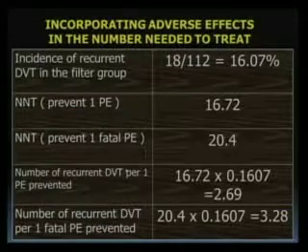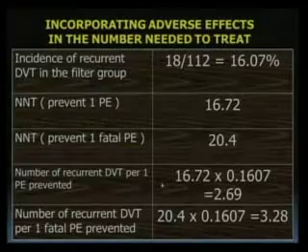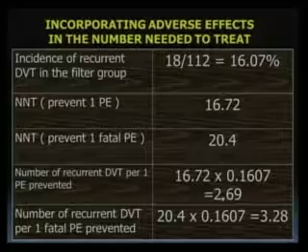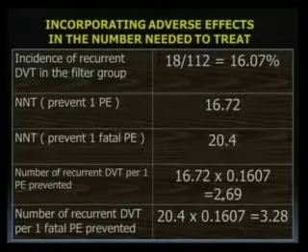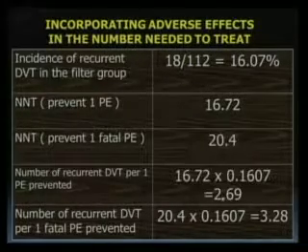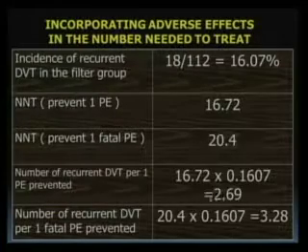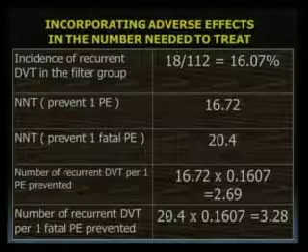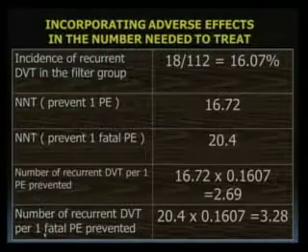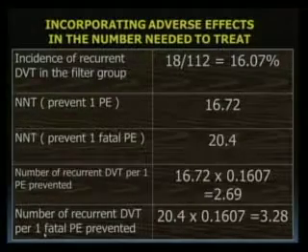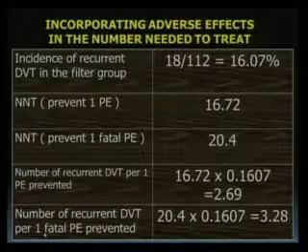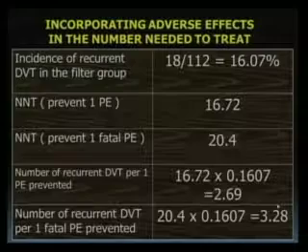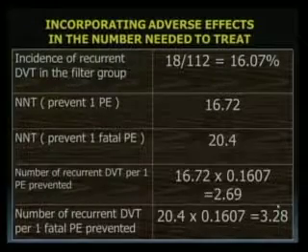For 1 PE prevented, I would cause recurrent DVT in about 3 patients when I prophylactically place a filter in somebody with trauma. And if my aim is to prevent fatal PE, for every life that I save from dying from fatal pulmonary embolism, I would have caused DVT in about 3 to 4 patients.